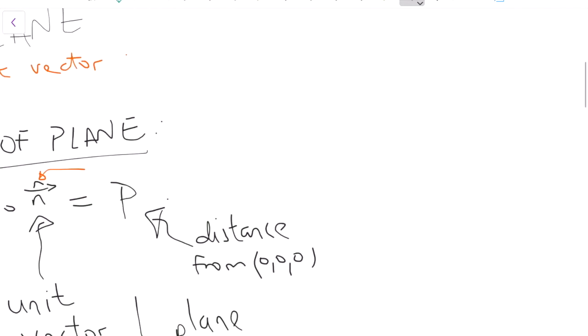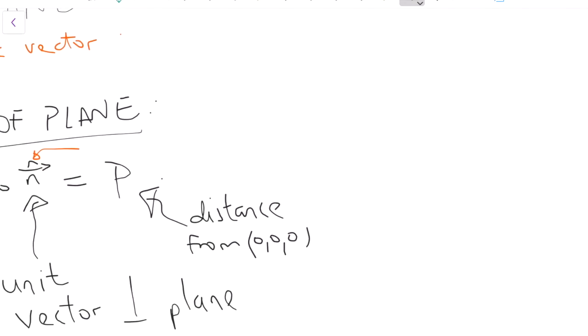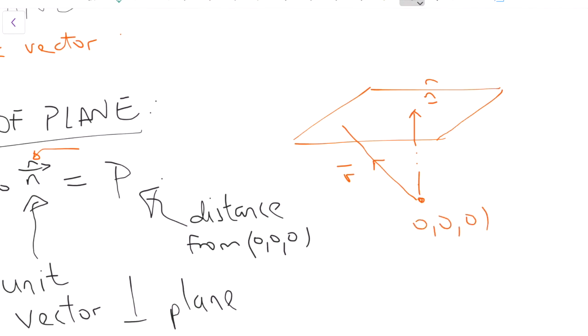And to see where this comes from, let me repeat the drawing of a plane and explain it. So we have this plane here, and let's say we have a general point here, which is r, and this is our normal n. So what is the distance from the origin, 0, 0, 0? This distance right here is p.